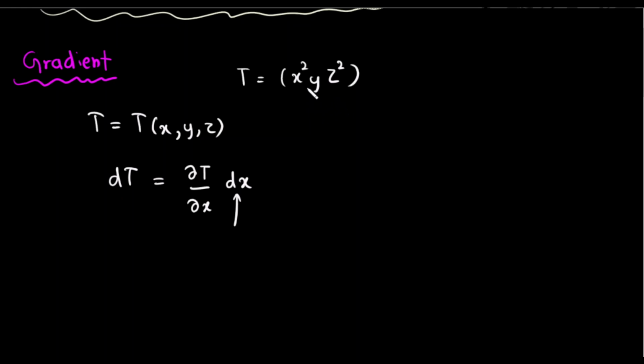These are variables because whenever they change, t also changes. If x is changed by an amount dx, that is an infinitesimal change. Let's say y is changed by dy, and z is changed by dz. These represent the dx, dy, dz quantities.